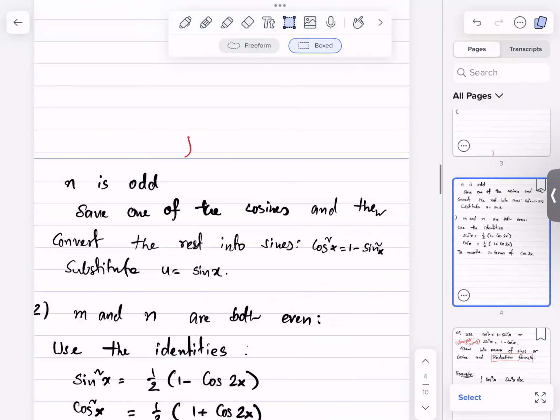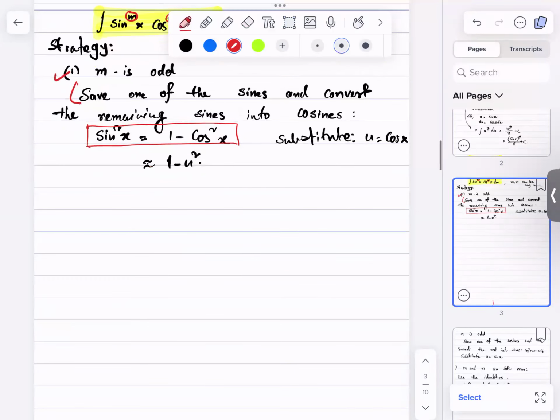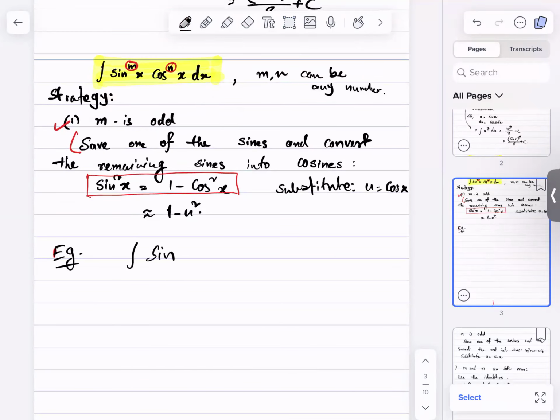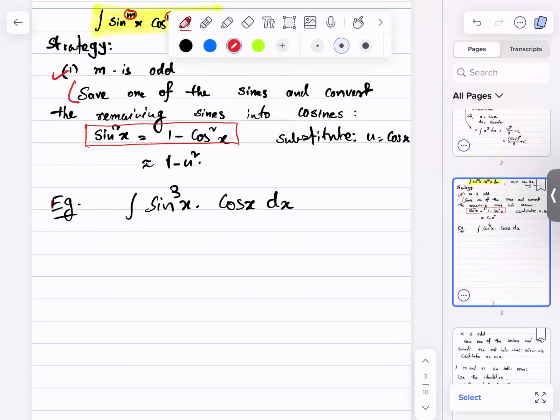Okay, cool. Let me do one example right here. So if my integration is like this, sine to the 3x cosine x dx. You can easily see that my m in this case is 3, which is odd. So I can use strategy 1, right?